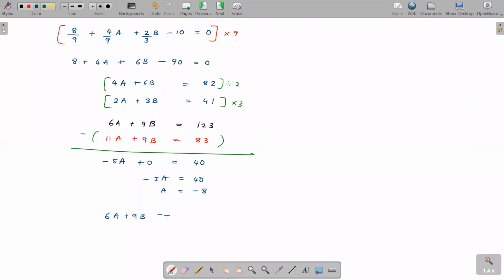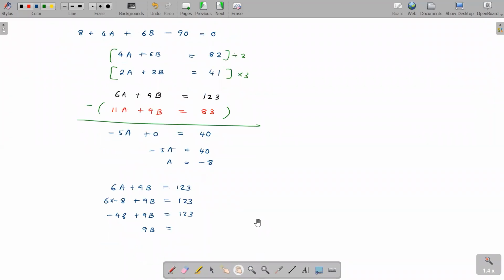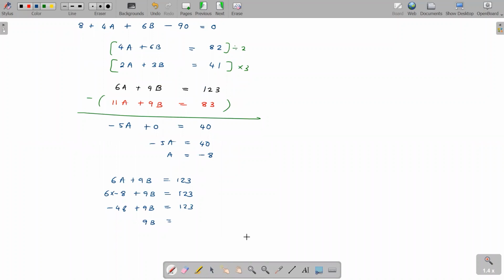6a plus 9b equals 123. 6 times minus 8 plus 9b. So 6 times minus 8 is minus 48, plus 9b equals 123. How much do I get for 9b? Minus 48 goes to the other side as addition.